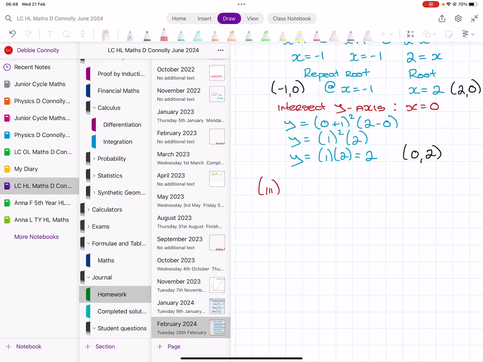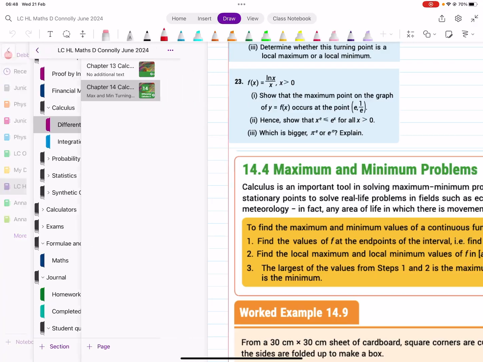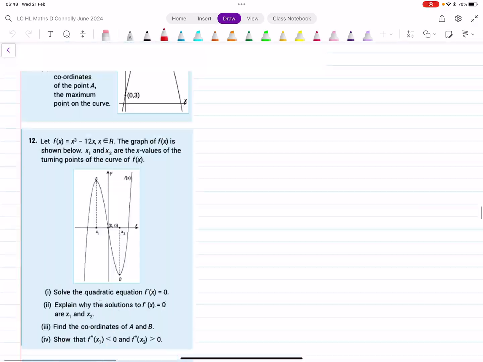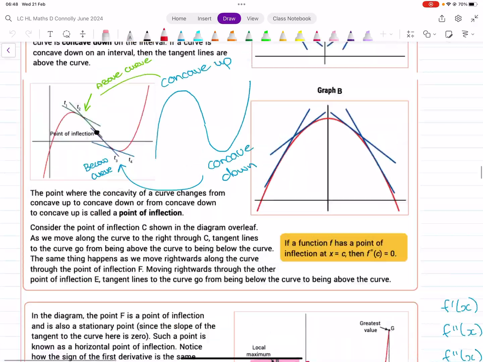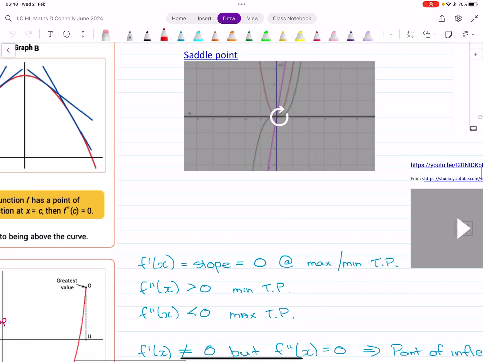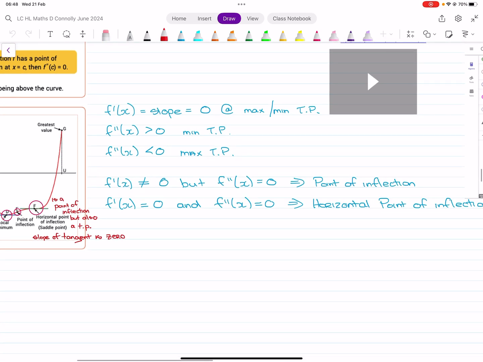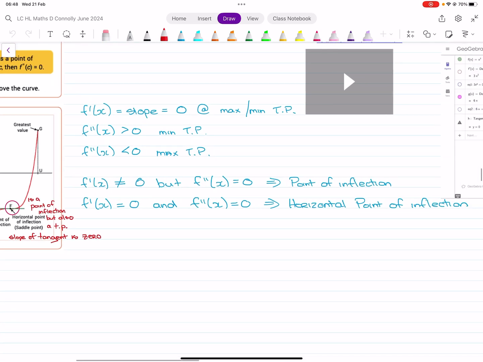Find the coordinates of the point of inflection. Right, so I never actually went through this yesterday. When I got off the video, I realized I never did. But I put all of the outcomes here. So this is what we know about stationary points, points of inflection and saddle points. This whole first part here is all to do with max and min turning points or stationary points.